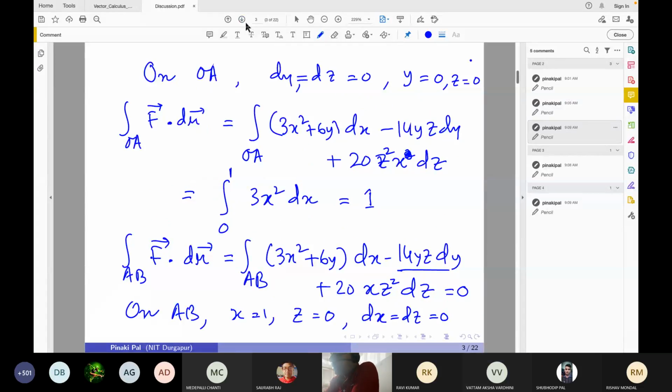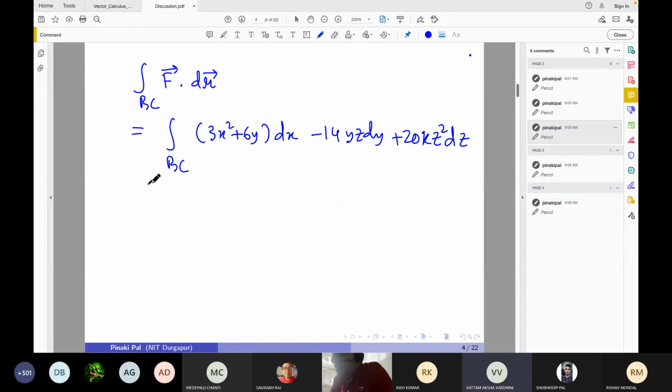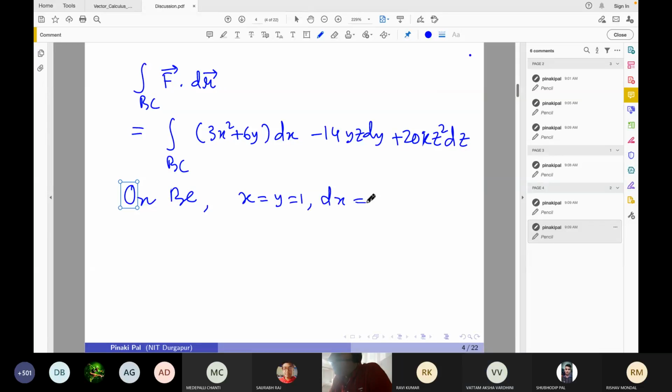So let us use this information on BC. x is equal to y is equal to 1, dx equal to dy equal to 0, and dz will only be the term.